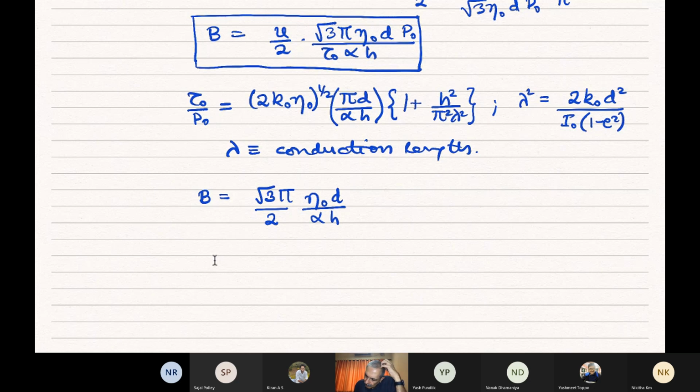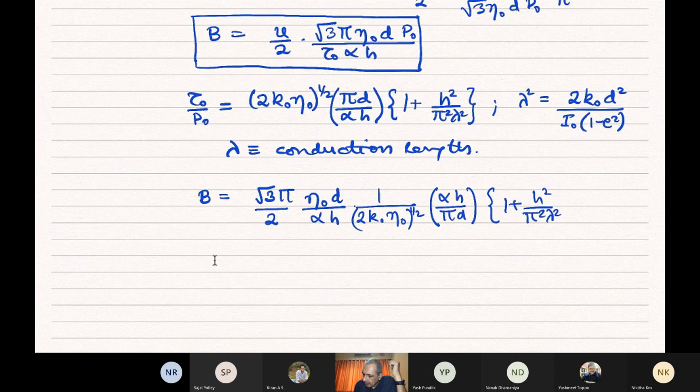Okay. And then what is left is P0 by tau 0. So then what you can get is this is divided by 1 divided by 2 K0 eta 0 raised to the power of half. And then this becomes alpha h divided by pi d. And then you have 1 plus h squared divided by pi squared lambda squared raised to the power minus 1.